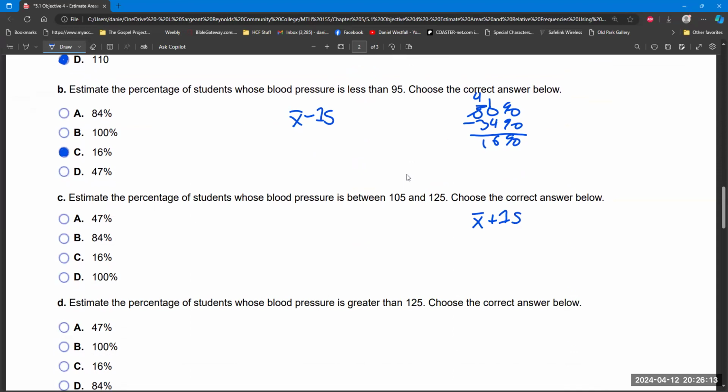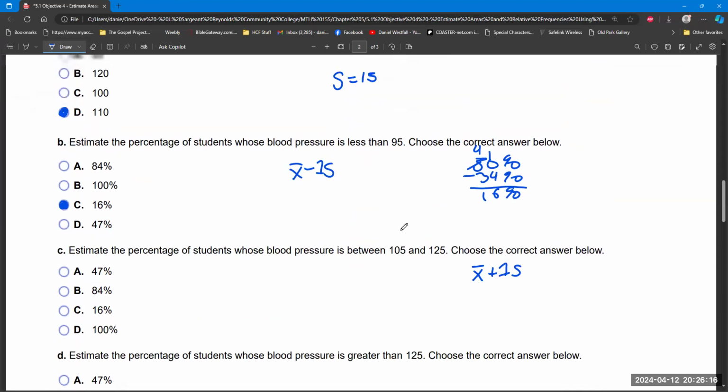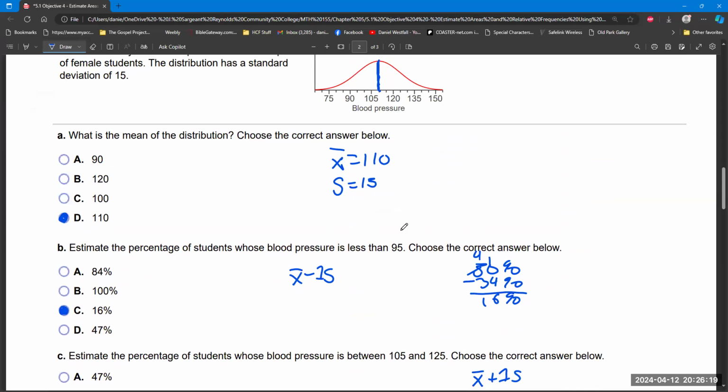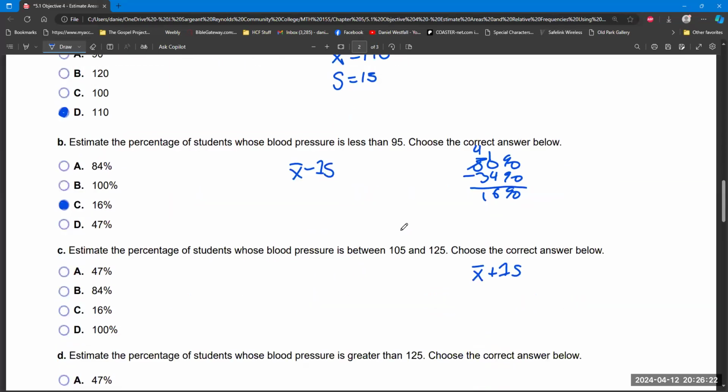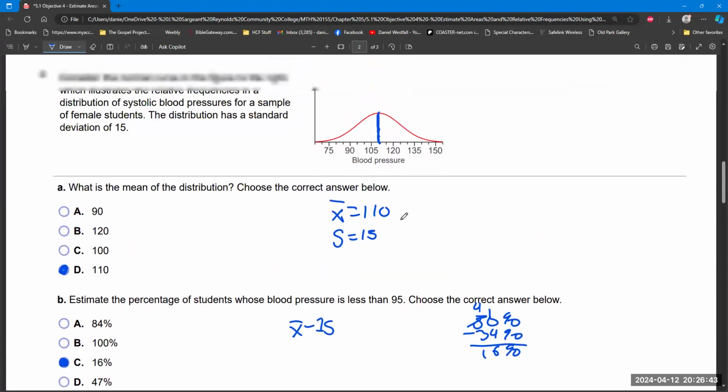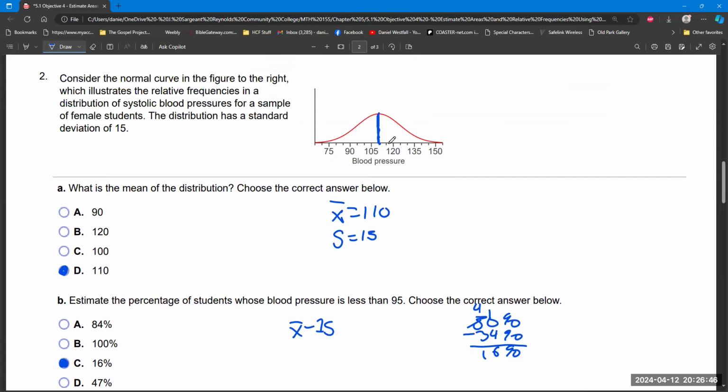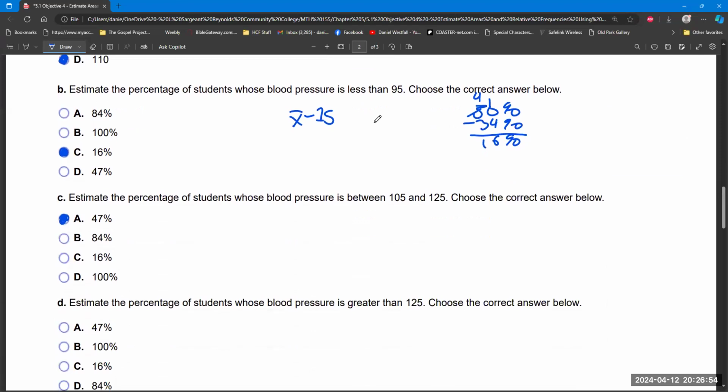And then we know that 95 was 1 standard deviation to the left, but it's a little bit more than just 34%, right? So 47% is reasonable here because this was 34%, and we need to add just a little bit more here because it was not just this area, but it went over there just a little bit to the left, but not all the way to make another 34%.